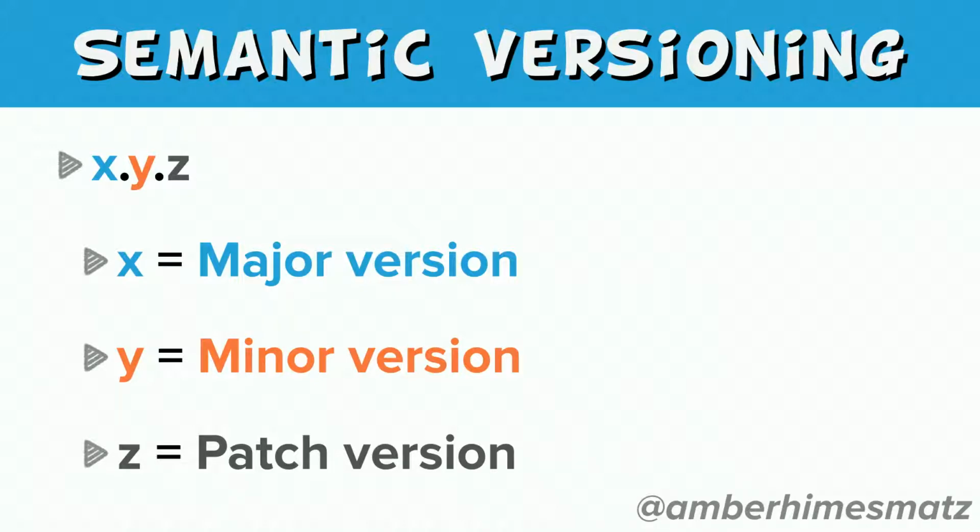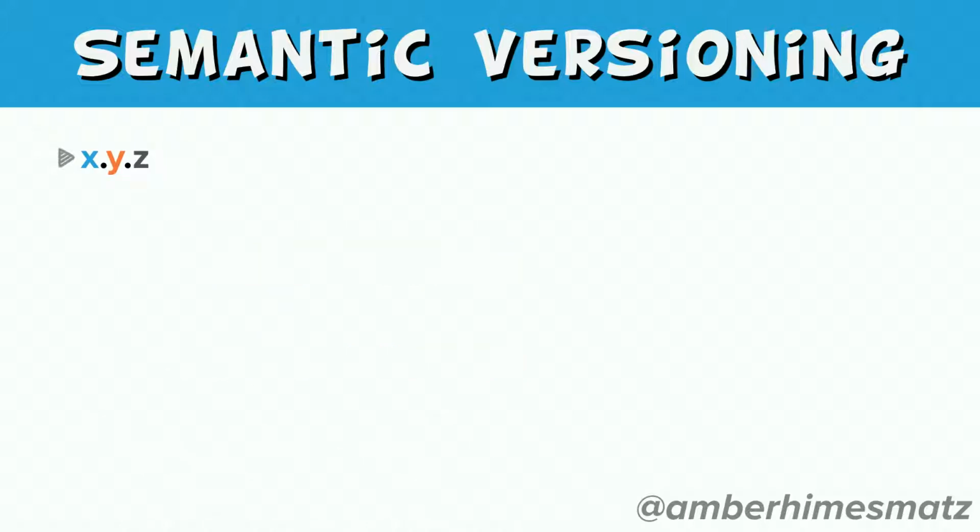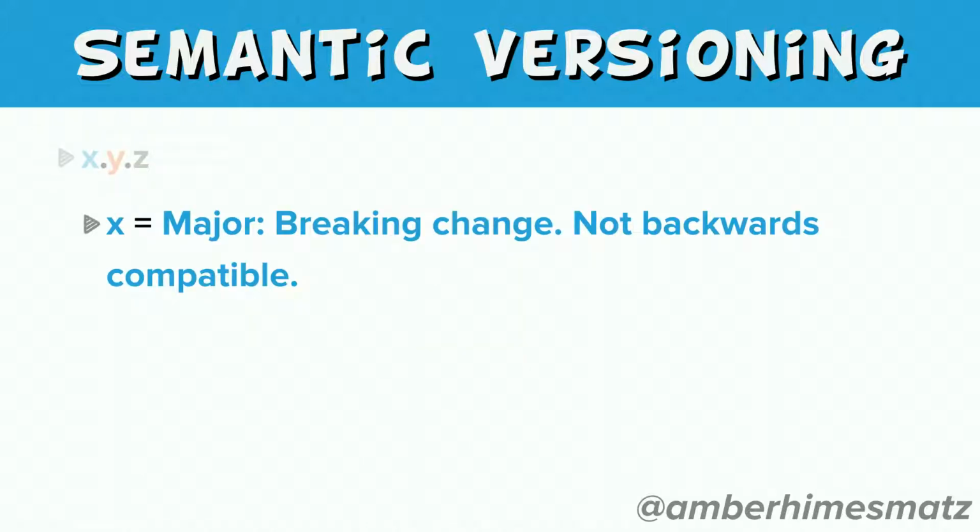But with semantic versioning, we have this particular system: a major version, a minor version, and a patch version. The major version means that there's a breaking change to the API. It's not backwards compatible with a previous major version. So that's the most important thing to understand.